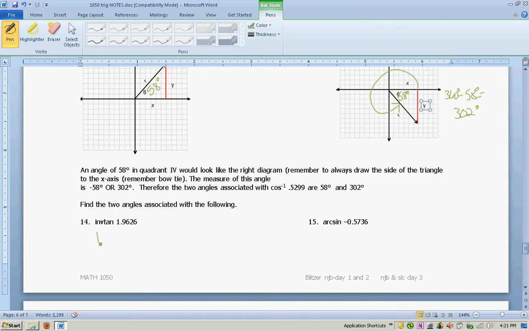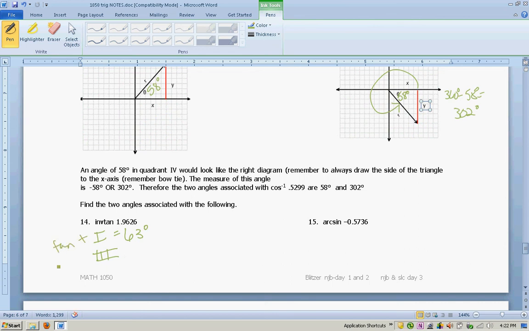Okay, quadrant 1 has a 63-degree angle associated with the inverse tangent of 1.9626, and quadrant 3 would also be positive. That's how I know that I need to be in quadrant 3, is because tangent is positive in quadrants 1 and 3.